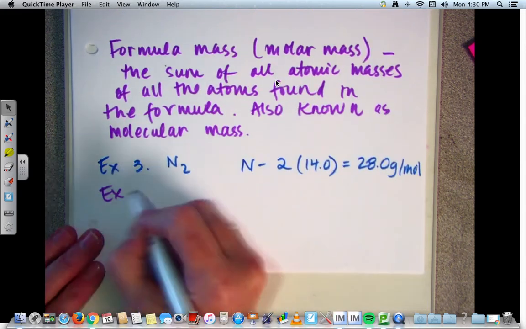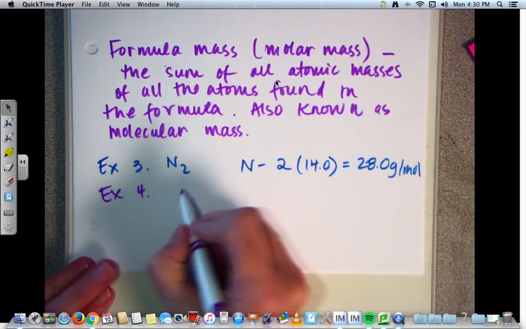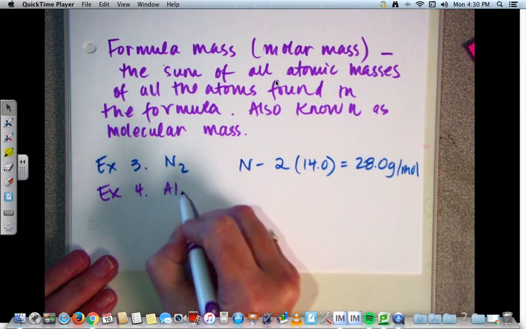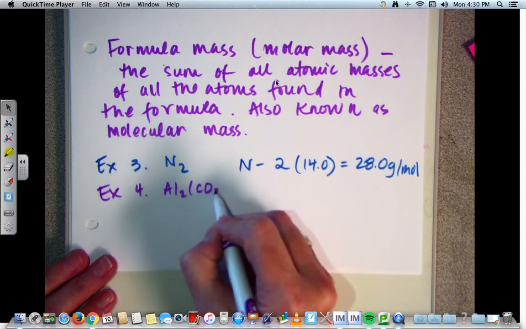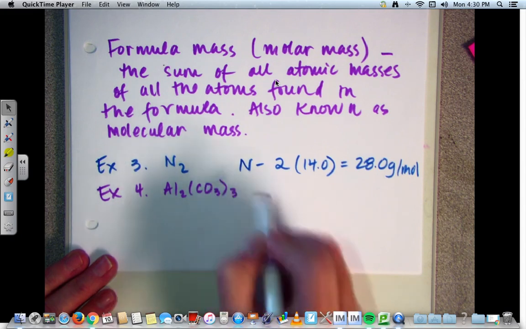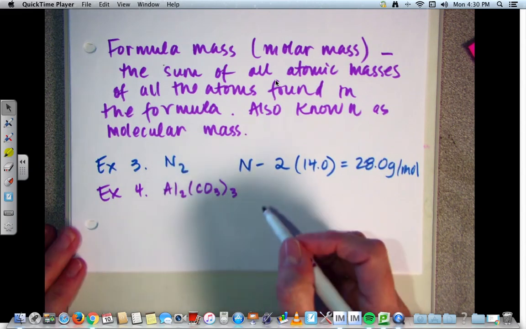Example 4. Al2(CO3)3. So aluminum carbonate. So this is a formula for a compound. We have to look at how many we have of everything.